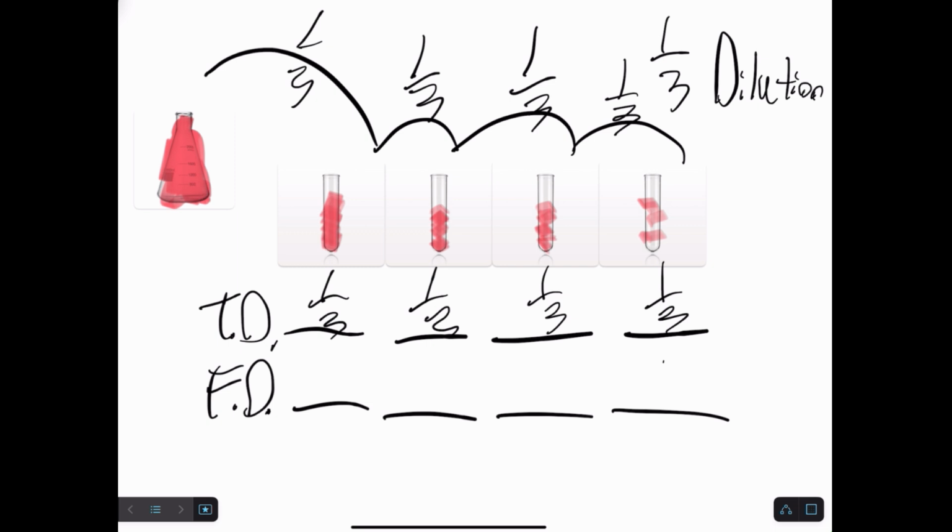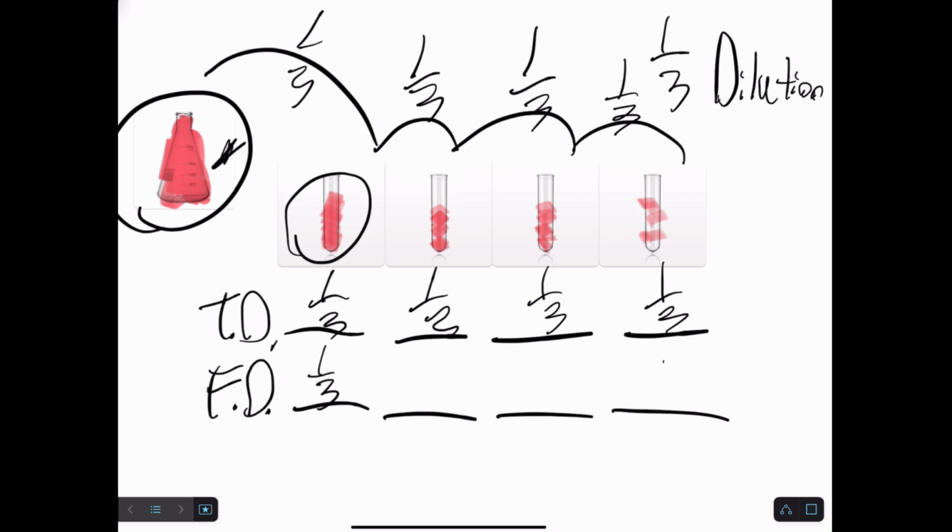For final dilution, we want to compare all of these to your starting flask. From our initial flask to our first one, we have a 1/3 dilution, because we're taking a third and putting it in here. For our second one, we consider our initial concentration, so it's 3 to the -2nd, which is 1/9.